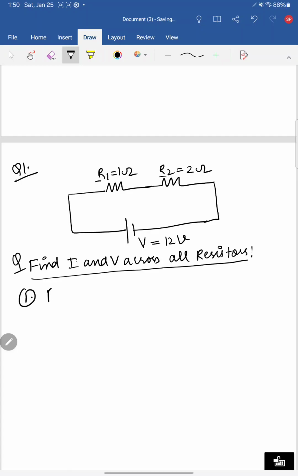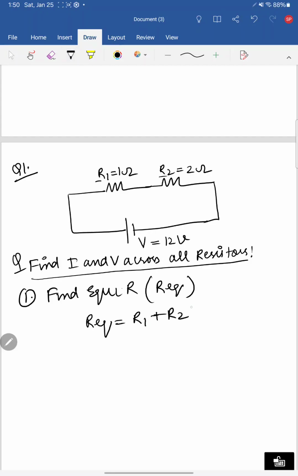So first step will be to find equivalent R, or you can also say total R. When two resistors are connected in series, R equivalent would become R1 plus R2, simple addition, 1 plus 2, that is 3 ohm. So that's the value of R equivalent.